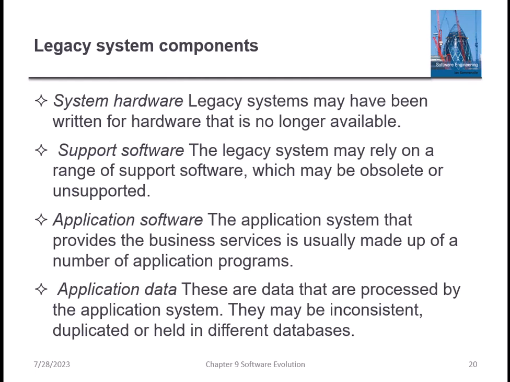There may be inconsistency or duplication, or the data may be held in different databases. In simple words, the databases are older or not supported by the existing software, hardware, servers, or technology. So this means the data is here, but the data kept in different databases is useless.